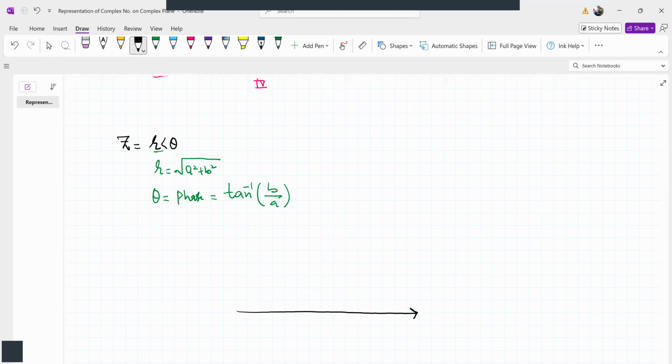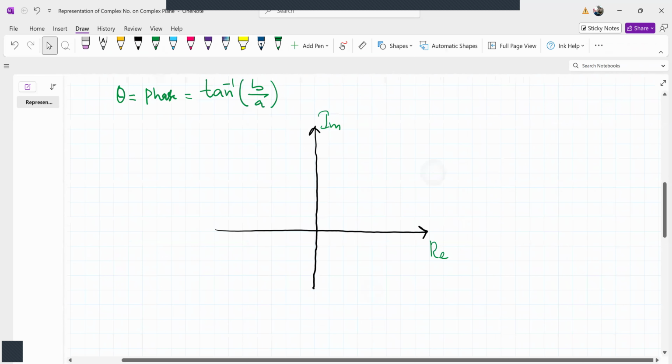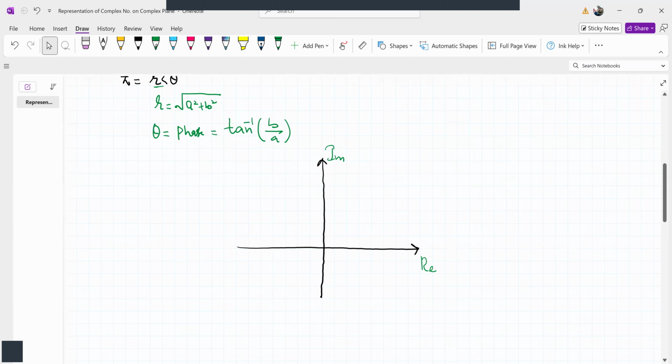This is the real axis. This is the imaginary axis. So based on r and theta, how do we draw this?